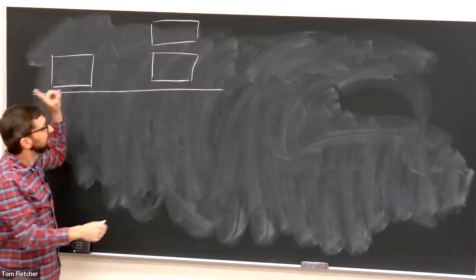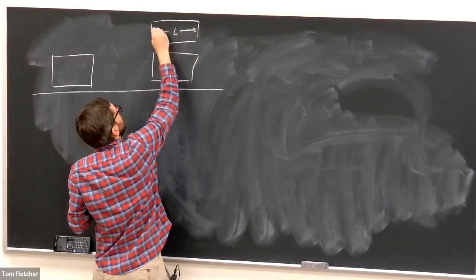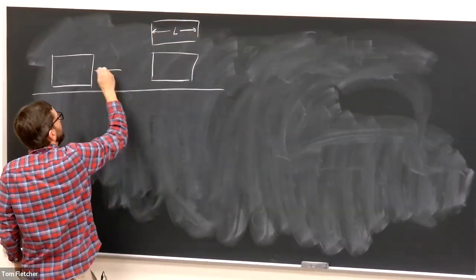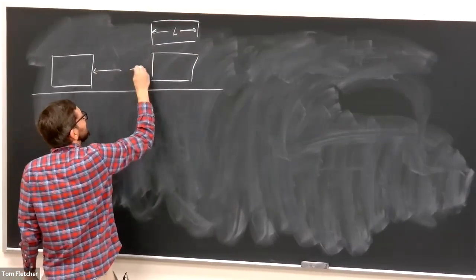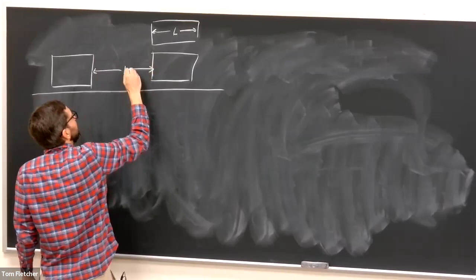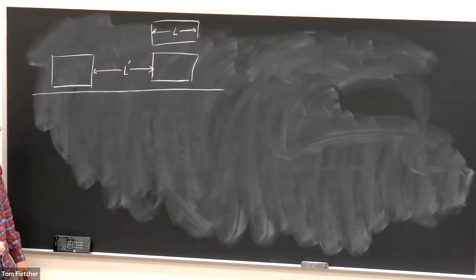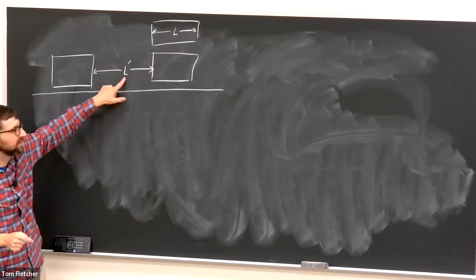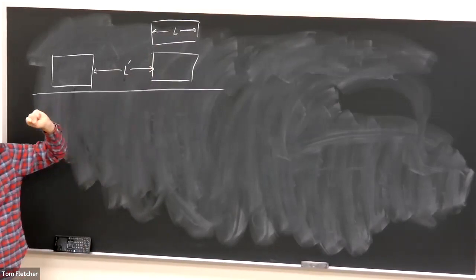Let's say my car is length L, and the parking spot, from absolute tip to tail of the cars in front and behind, is L prime. Question: how big does L prime need to be for me to fit my car of length L?